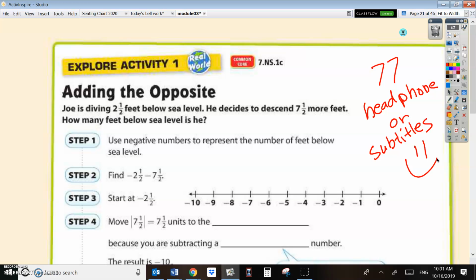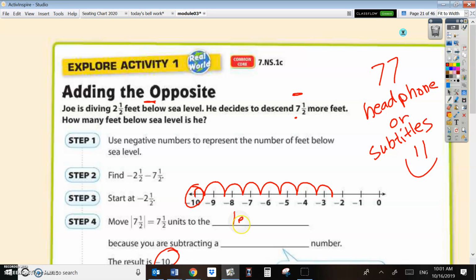Okay, so Joe is diving 2.5 feet below sea level. He decides to descend. Descend is negative, and he's already negative. So he's starting negative at 2.5, and he's going more negative. He's going 7.5, so go 1, 2, 3, 4, 5, 6, 7.5. Do we end at 10 here? We end at 10 here. Good.